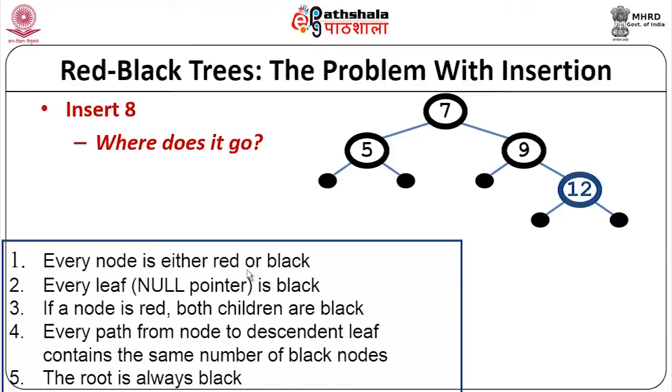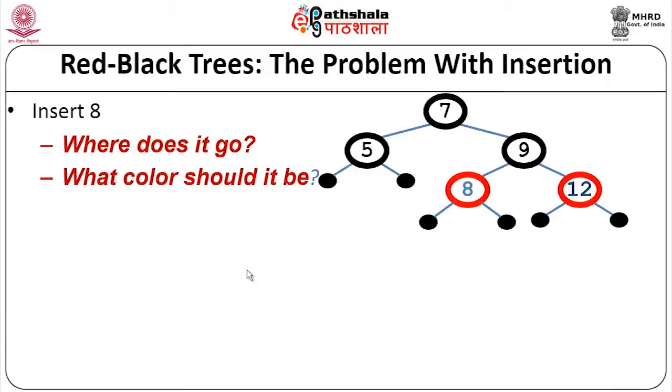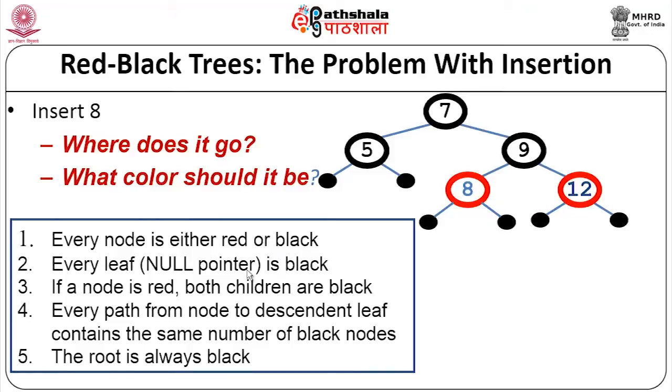So, if you insert 8 here, where does it go? It will normally go as a left child of 9. So, it will go here. What color should it be is the next question.